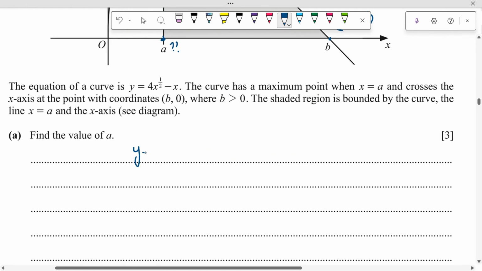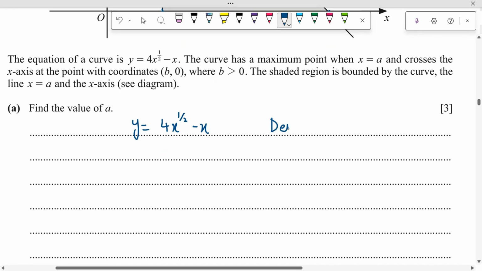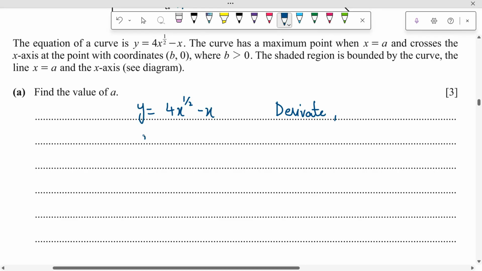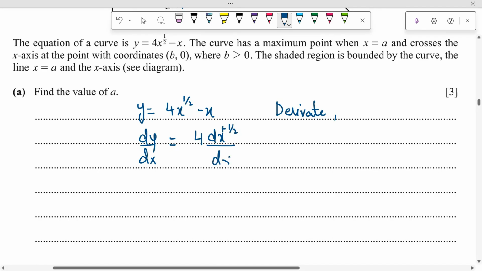We have the equation of the curve, 4x to the power of half minus x, so we differentiate. We will have dy over dx equals 4 times the derivative of x to the power of half with respect to x, minus dx over dx.